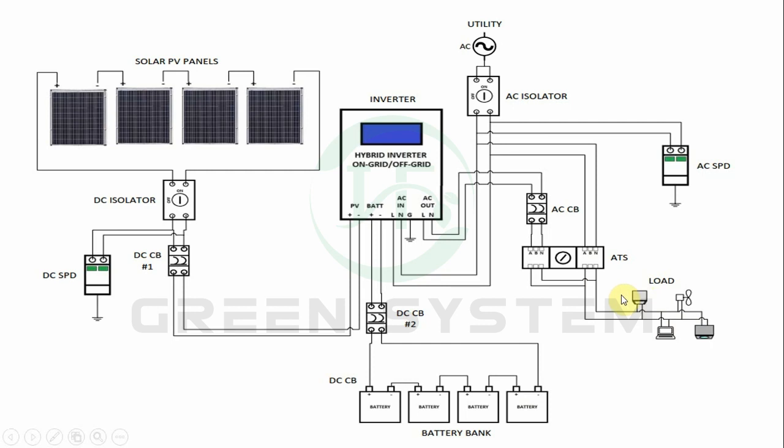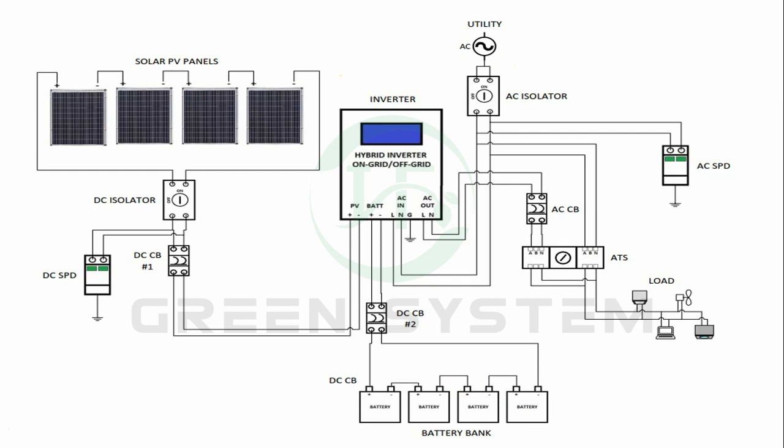The hybrid setup is connected to the power grid so that during the day it can function like an on-grid system while also charging the batteries. And during the night or during blackouts, the batteries will be utilized to power up the loads, just like the off-grid system.